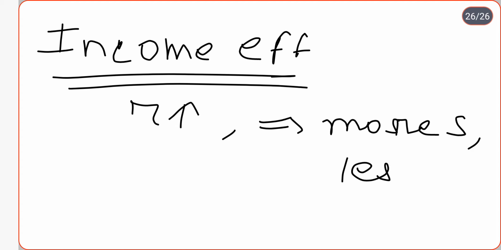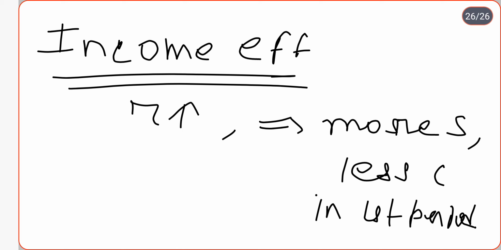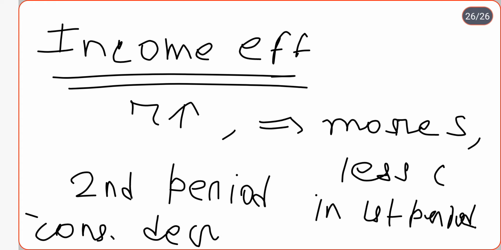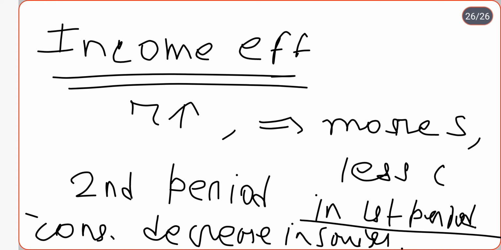And obviously, second period consumption will decrease the savings. We all know that in the second period, we are going to use that saving as our consumption expenditure. So second period consumption will give a fall in our saving. I hope it is clear.